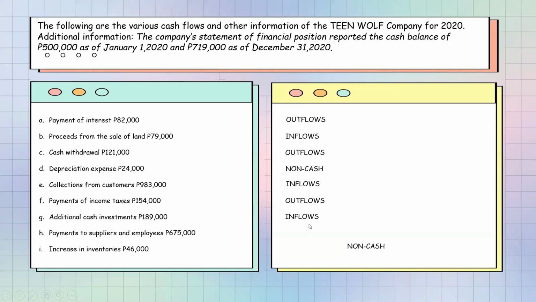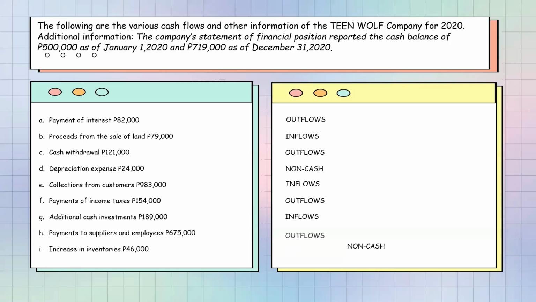Inflow yan kasi may pumasok na pera, coming from the owner kasi ininvest niya sa business. So, syempre, madadagdagan yung pera or capital ng business. So, sa letter H naman is payment to suppliers and employee na 675,000.